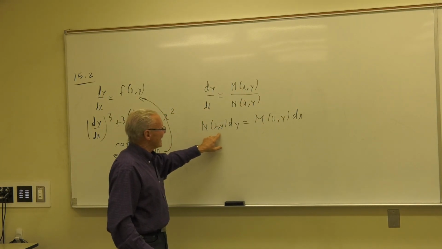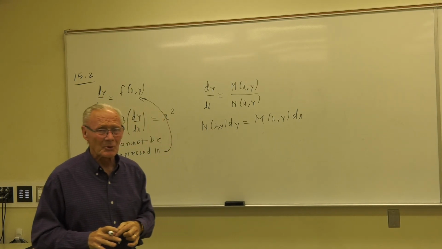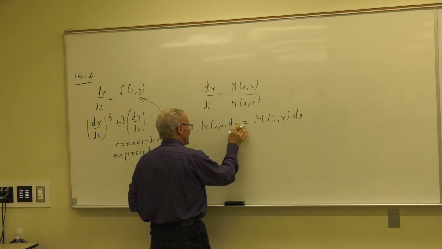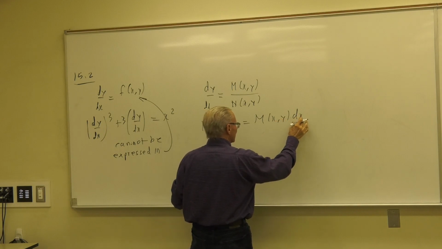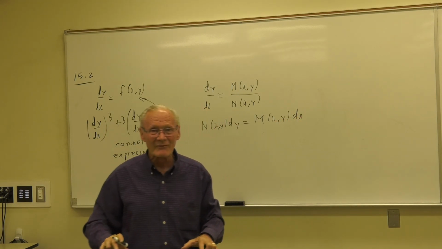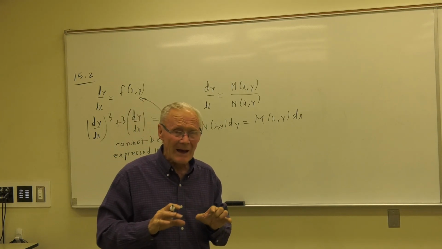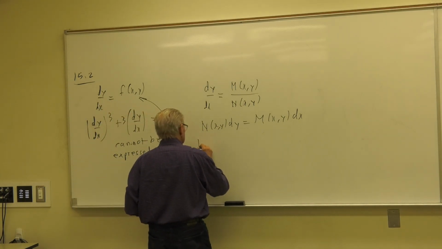I don't like this form from the point of view of feeling a differential equation, because it says you've got this stuff multiplying dy, which is supposed to be a little bit of y, and this stuff multiplying a little bit of x. That gives me no feeling whatsoever. But for purposes of this class, it is going to be advantageous to write it that way.